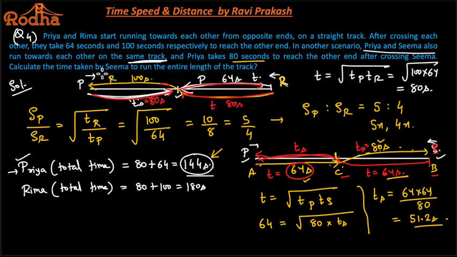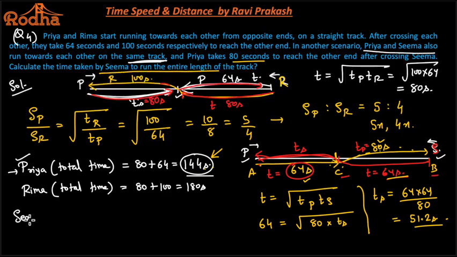So I want to calculate time taken by Seema to run the entire length of track. So from here to here she has taken 64 seconds, and from here to here she has taken how much? 51.2 seconds. That means what is total time taken by Seema? ठीक है, तो I can calculate that कि total time taken by Seema here.